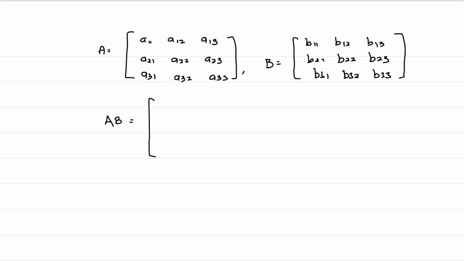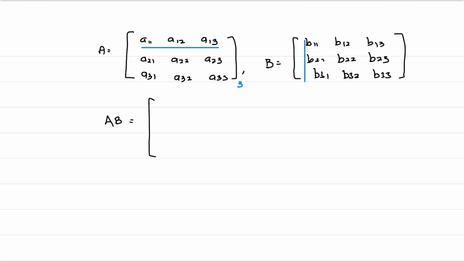The first element of the multiplied matrix will be the sum of the multiplications of first row elements of the first matrix with the first column elements of the second matrix.